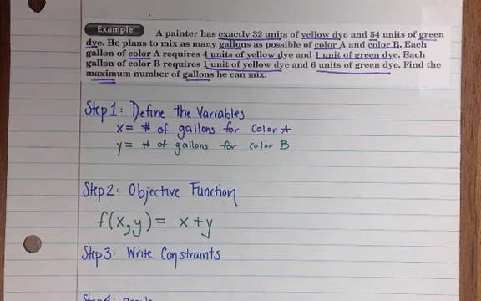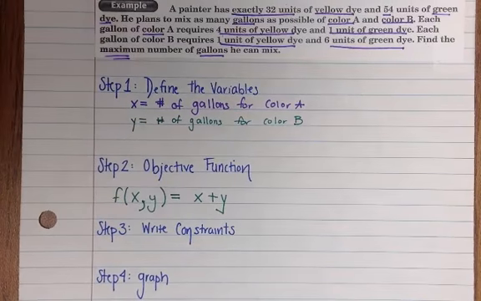Now we need to write the constraints. He only has so much yellow dye and only so much green dye, and we have certain requirements of the yellow and green dye to make the two different colors. So our first constraint is that we can't have negative gallons of paint. It's just impossible.